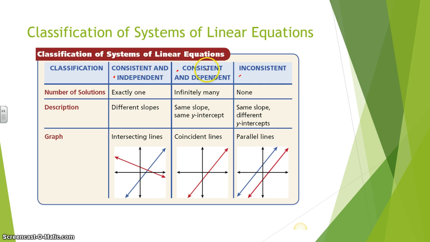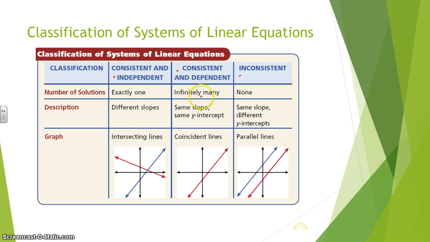Based on that, you're going to be labeling the system of equations as consistent and independent, consistent and dependent, or inconsistent. So for instance, if you had two equations that had completely different slopes, that means these lines would be intersecting, and that would be a consistent and independent situation.